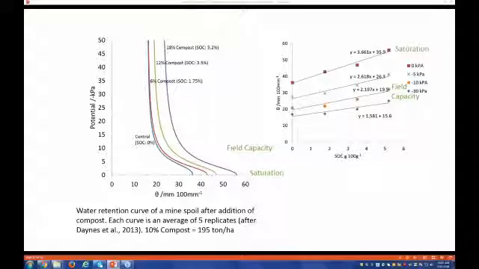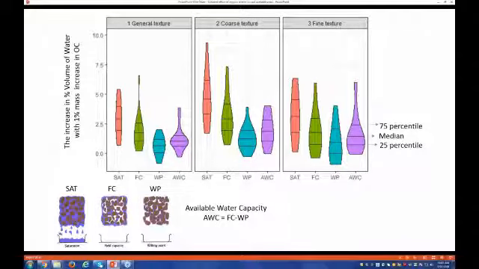Yes. So this analysis, I'll go back to this. It's showing the different amounts of water: water at saturation, water at field capacity, water at wilting point, and available water capacity. What we're saying is that the increase in available water capacity is very small, and even for water at saturation there's a larger increase, but it's also limited depending on the amount that you add.